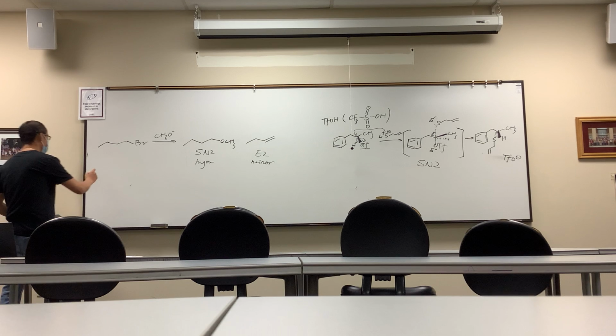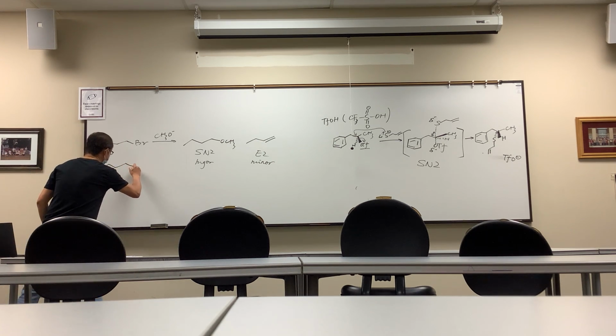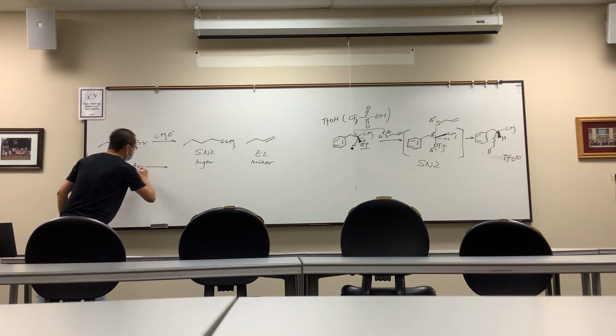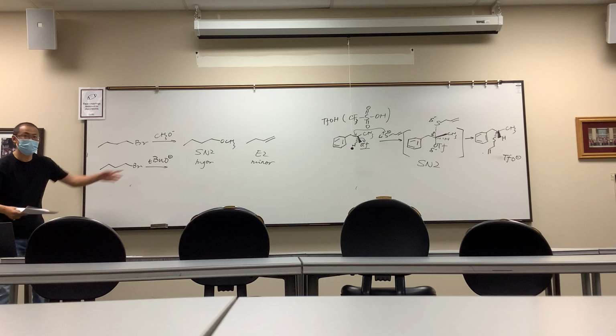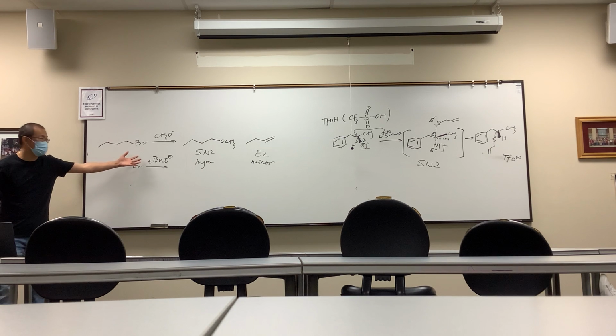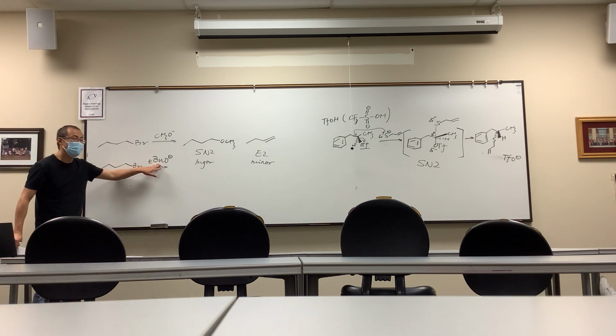Next one, the same substrate, right, guys? We have this guy. I've shown this guy almost 10 times already, because not only is this guy good for your test, but it is actually very commonly used. This guy is a bulky base. Strong base.